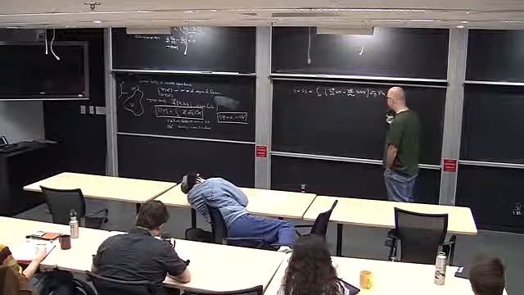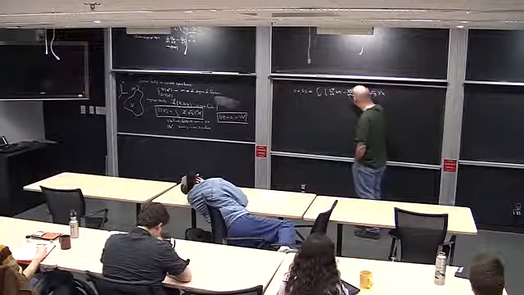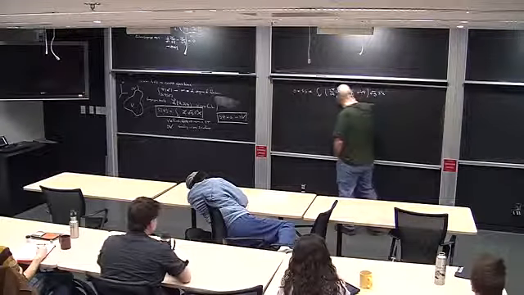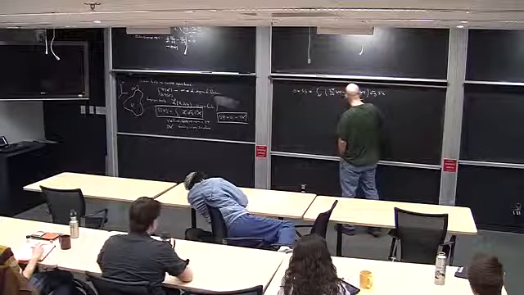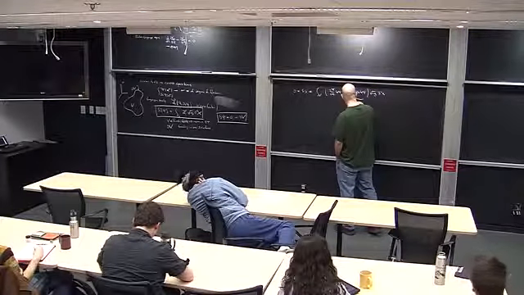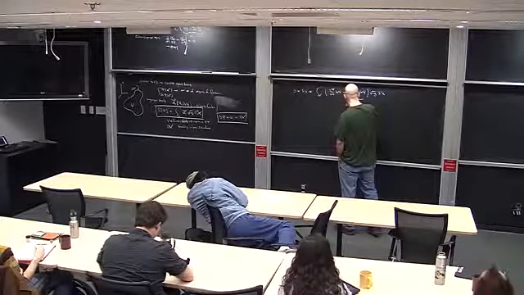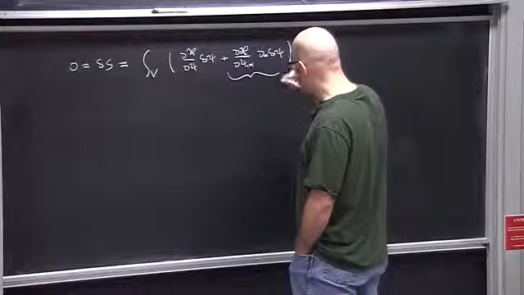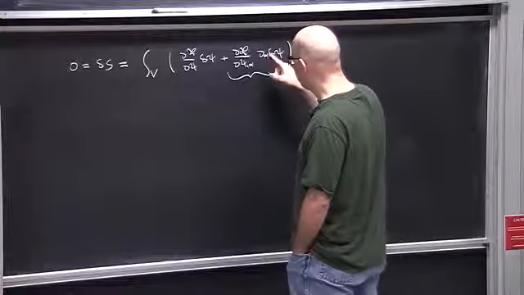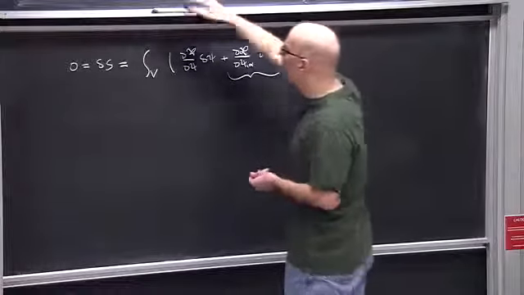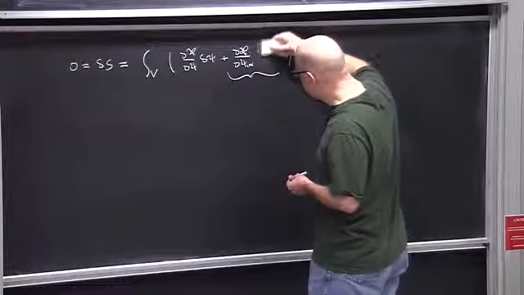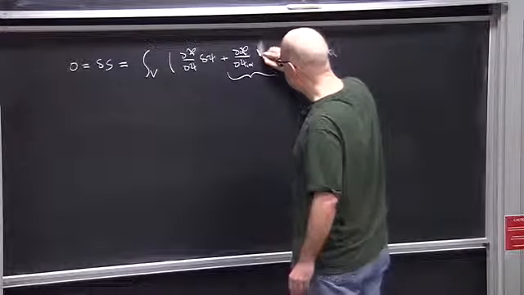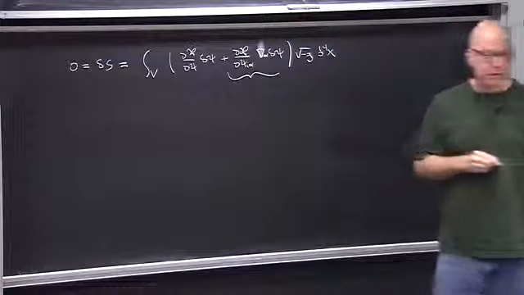Well, the next step is exactly the same as what we did before. So here we're going to convert that into a total derivative. So I'm going to rewrite this as a total derivative, but here I have to be a little bit careful. And one thing I could have done is to say that, well, this partial derivative acting on a scalar is exactly the same thing as a covariant derivative.